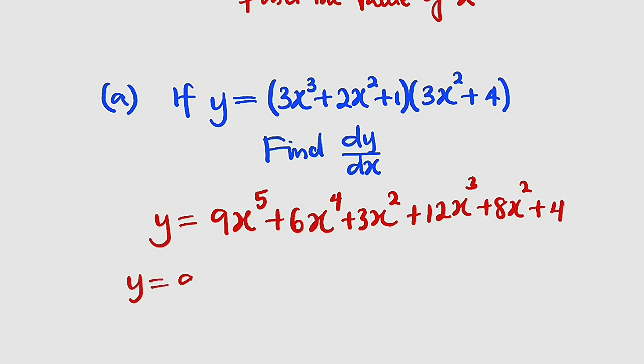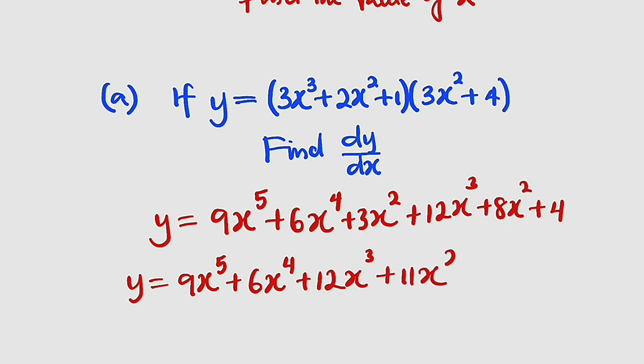Y is equal to 9x to the power of 5 plus 6x to the power of 4. And we can write this one, right? That is 12x cubed. And with power of 2, we have 2 of them here. If you add, you're going to get 11. So we have plus 11x squared. Then finally, we have our constant 4.